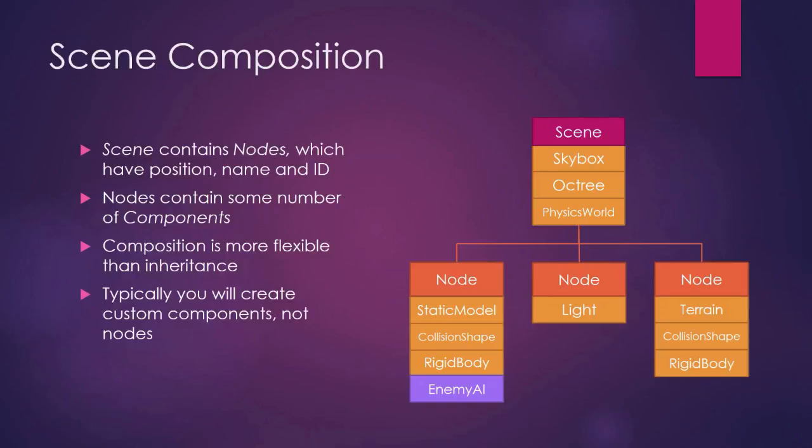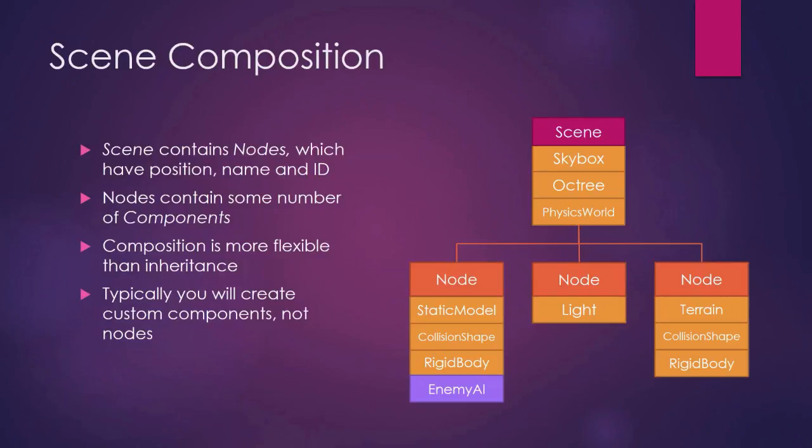If you want to do physics, your scene will need a physics world component. The scene is actually a kind of node itself, but this isn't a multi-level hierarchy. You have a scene, and the scene contains nodes. Nodes don't contain further child nodes.